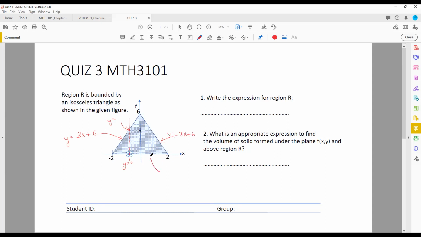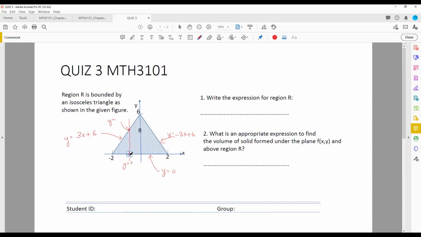And then the bottom boundary is just the equation y equals 0. Okay, so in this case, let's pick one point and then run along the y-axis. So x is constant.